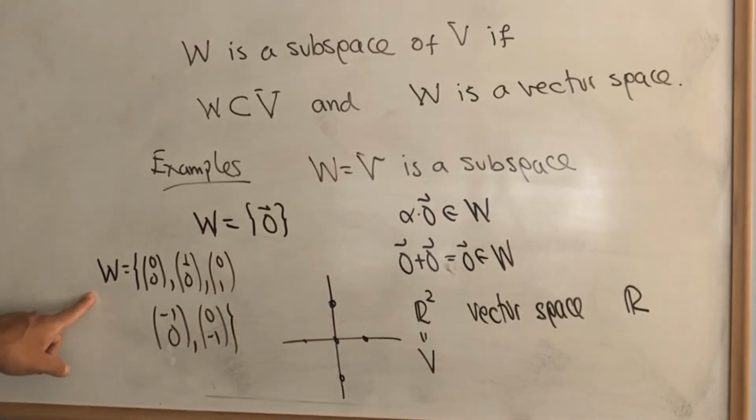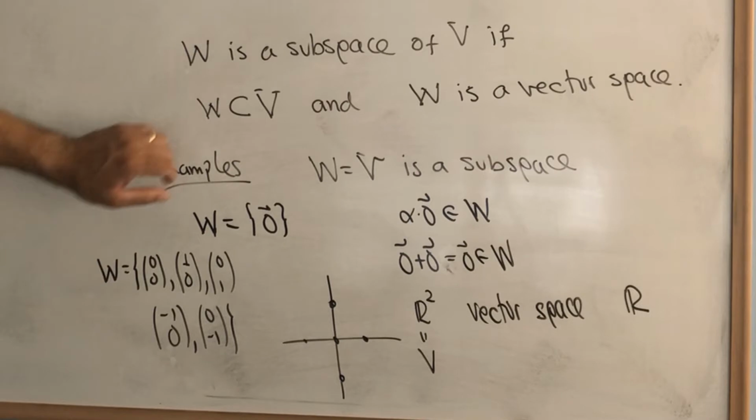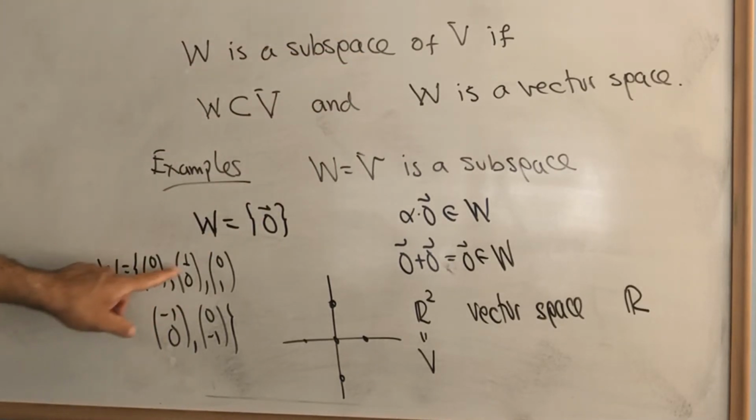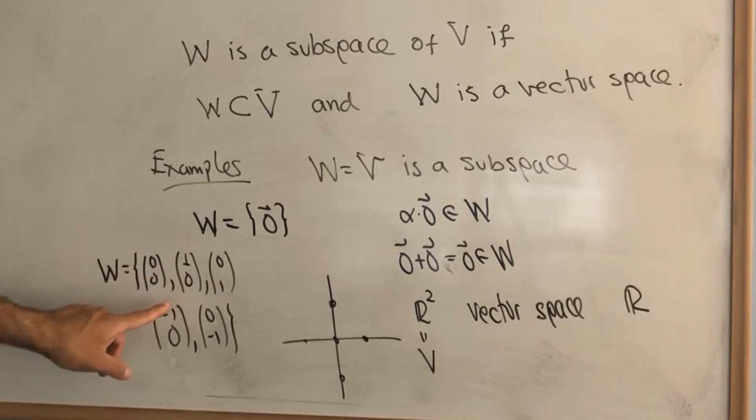Is this a subspace? In order to be a subspace, it has to be a vector space. And to be a vector space, the addition must be defined. But look at this.